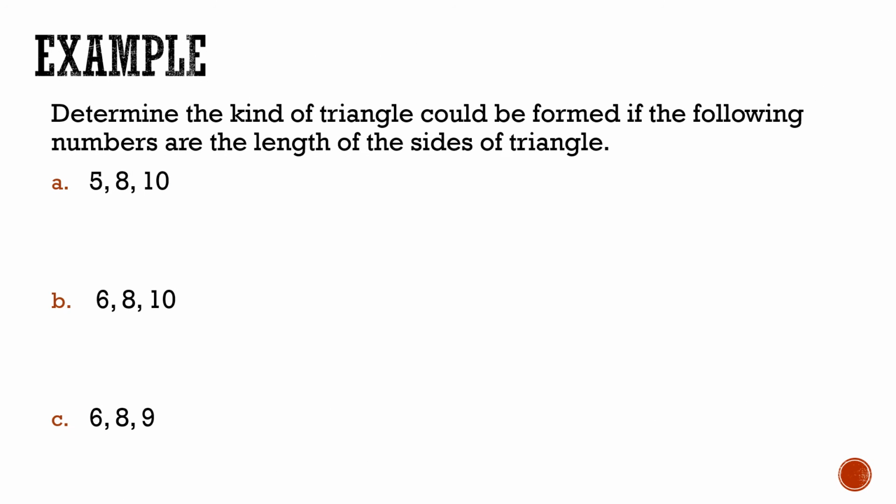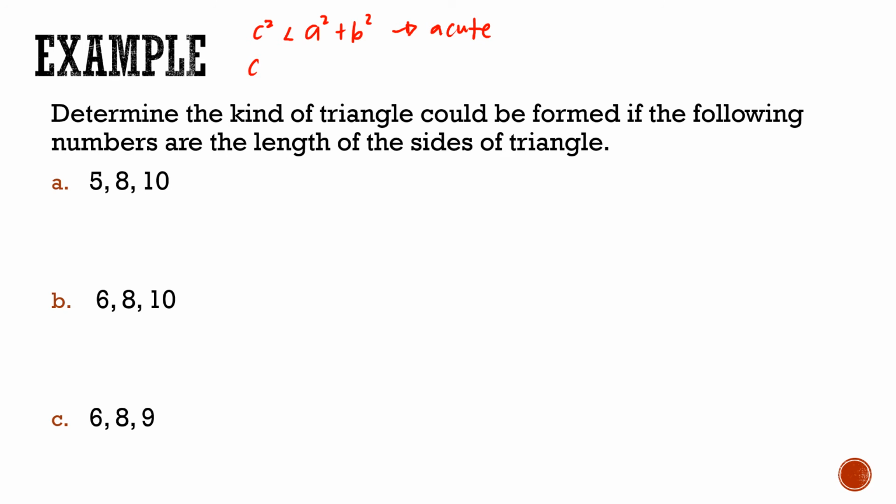Determine the kind of triangle that could be formed with the following numbers as the lengths of the sides of the triangle. So again, if the square of the largest number is less than the sum of the squares of the other two legs, then the triangle will be acute.